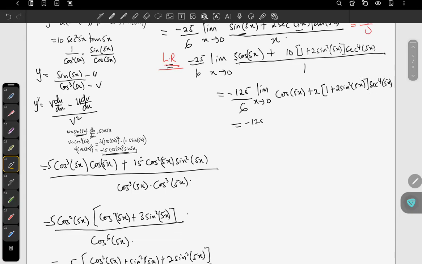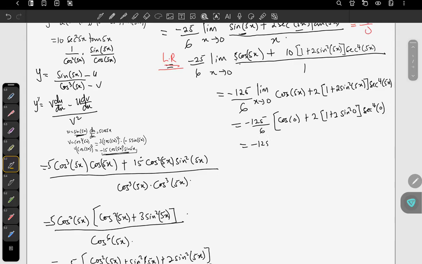So that's negative 125 over 6 times cos 0 plus 2 times 1 plus 2 times sine squared 0. This is just formality. Ordinarily, I wouldn't do all this in a solution. So this will be sec raised to power 4 0.